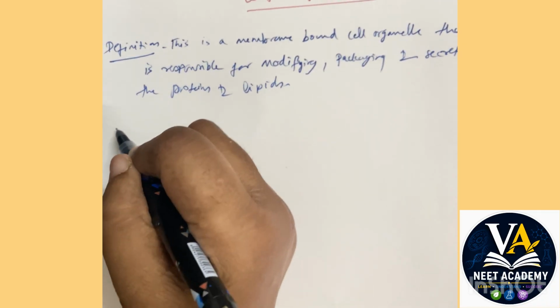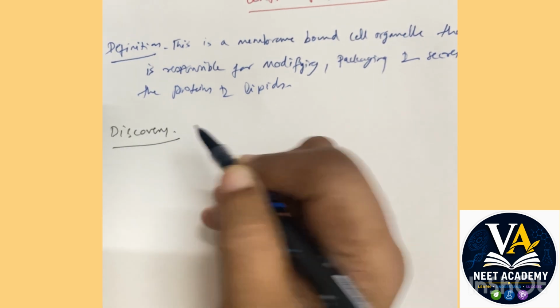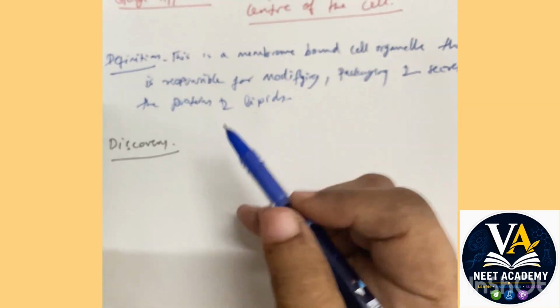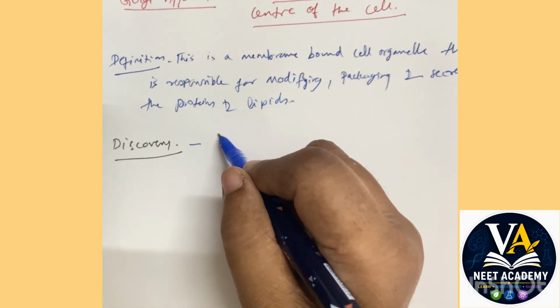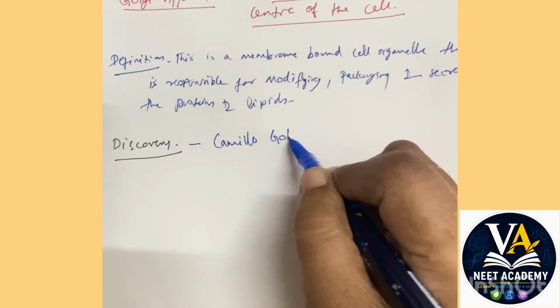Now let's come into the discovery of Golgi apparatus. Now this Golgi apparatus was discovered by a scientist called Camillo Golgi.